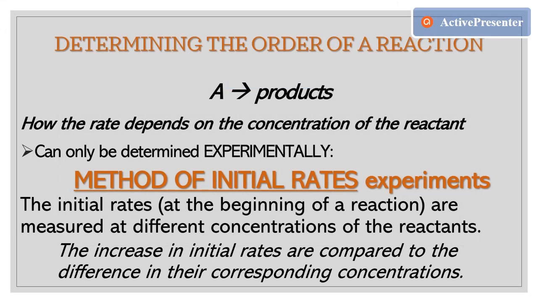So for a review, determining the order of reaction, if you have, say, molecule A, and you want to turn that into products, we want to time how long it takes for the reaction to start. So time the reaction.